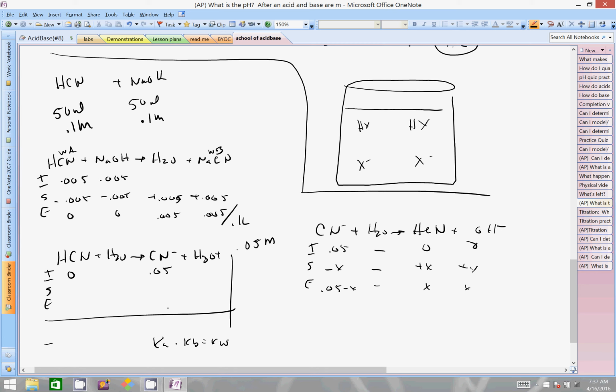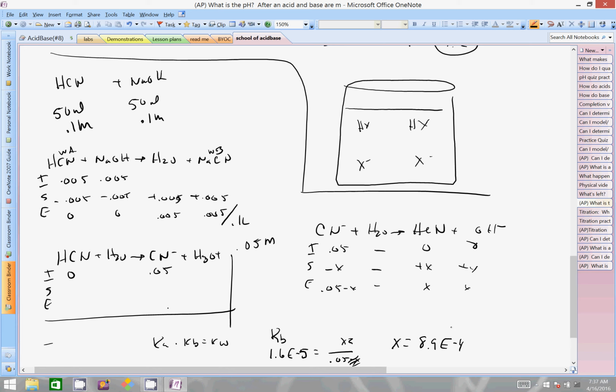The Ka is 6.2 e to the negative 10th, so 1.0 e to the negative 14th divided by 6.2 e to the negative 10th, and I get the Kb equals 1.6 e to the negative 5th equals x squared over 0.05 minus x. Use the shortcut rule here. Times 0.05, square root both sides, and I get the x concentration equaling 8.9 e to the negative 4th.